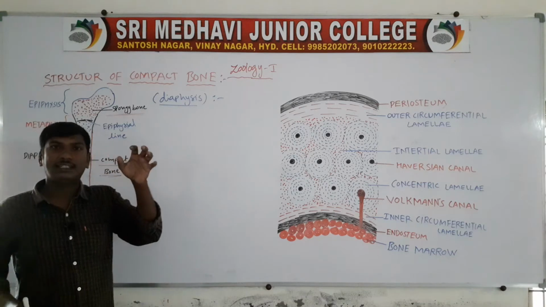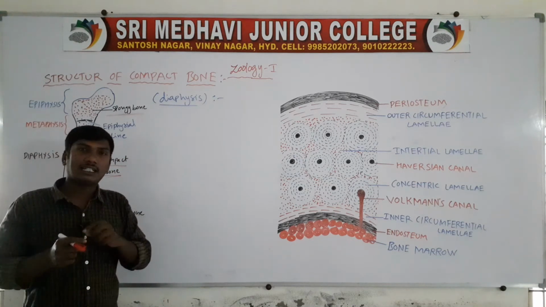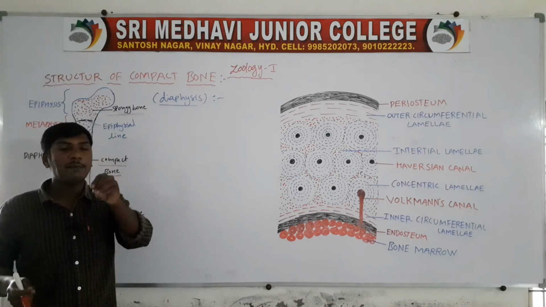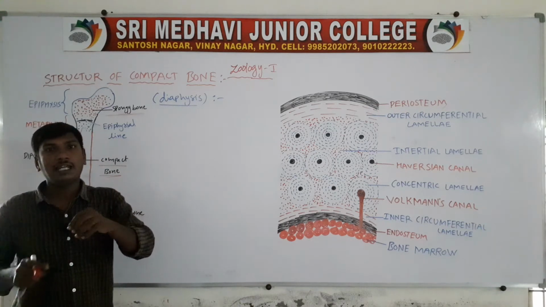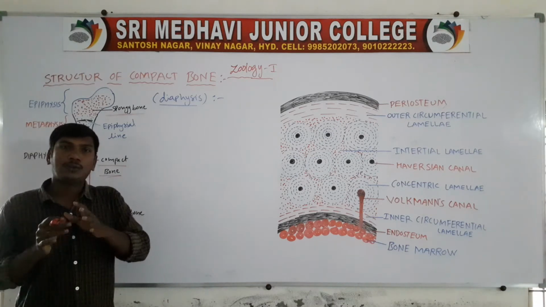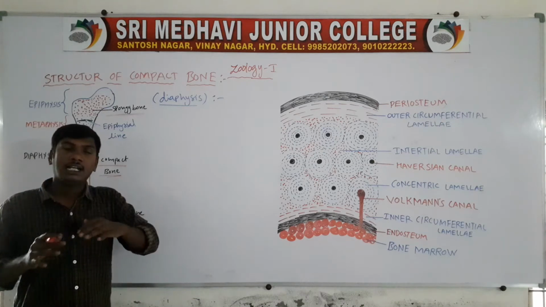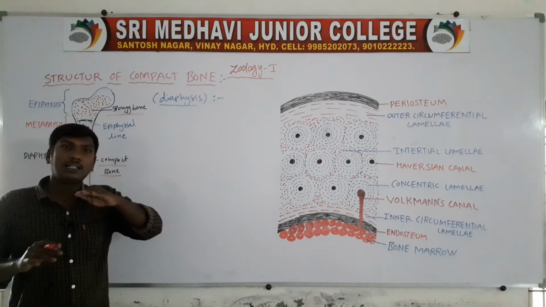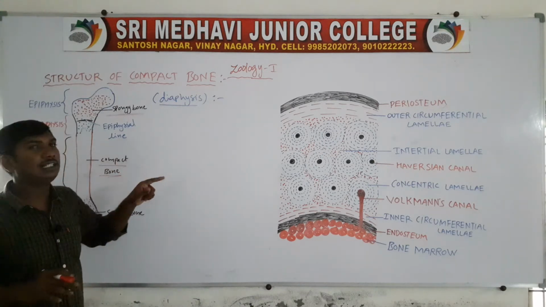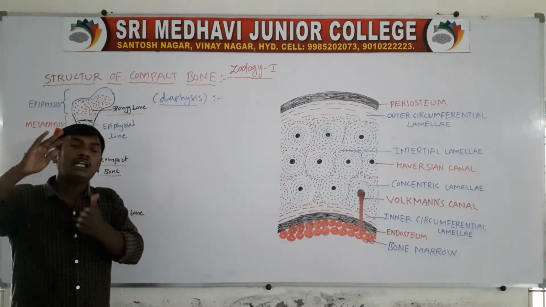Before 21, 22, 23 years of age, the long bones have epiphyseal plates, which help in the elongation of bones. After that age, these epiphyseal plates are converted to the epiphyseal line, so growth stops.